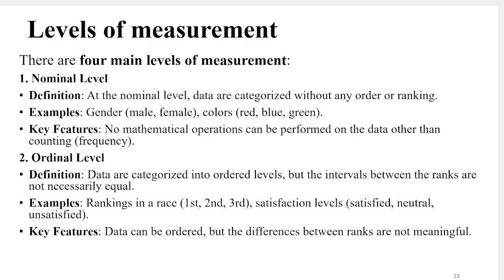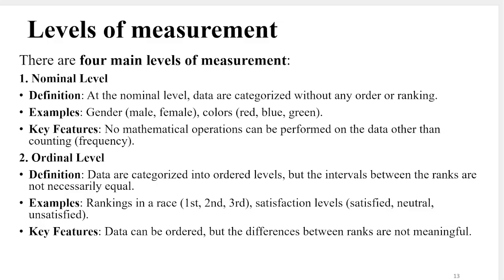The first one, nominal level. The nominal level is the simplest level of measurement. At this level, data are used only for classification or labeling. There's no order, no ranking, and no numerical meaning. We simply group data into categories.